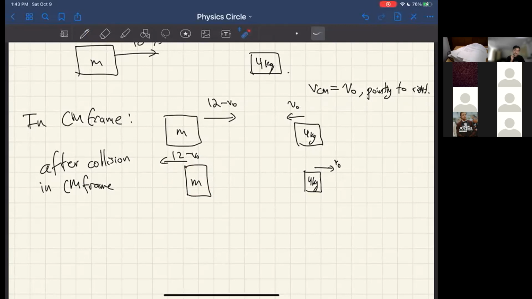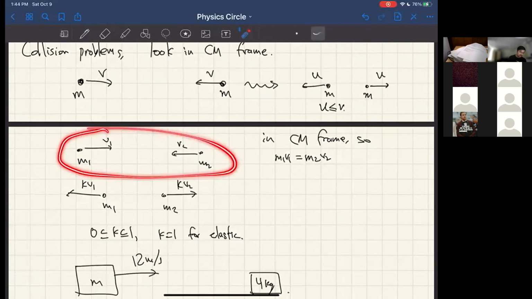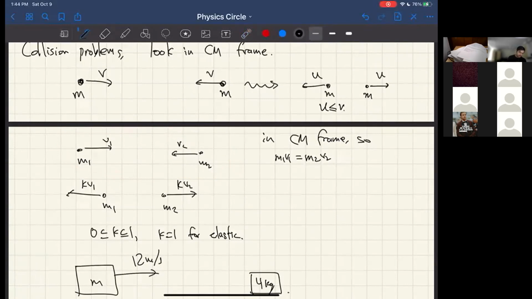Because it's an elastic collision, the velocity is just going to be exactly reflected because I'm in the center of mass frame. No, it's not because the masses are equal. In general, if I was in the center of mass frame and I have two things coming over like this, then after the elastic collision, they simply reflect off of each other.